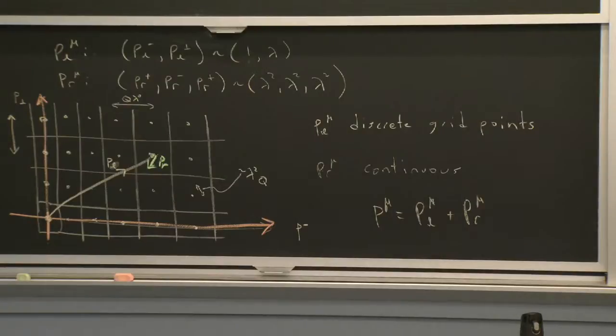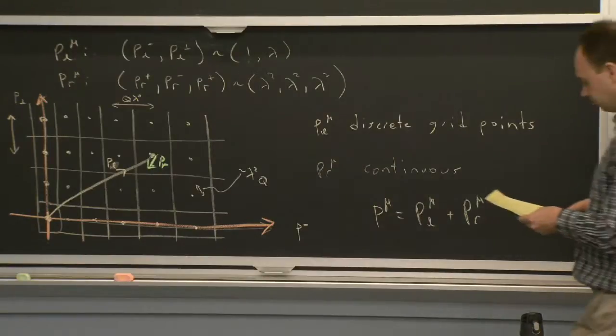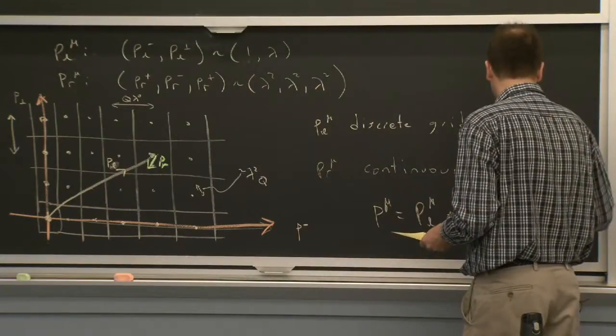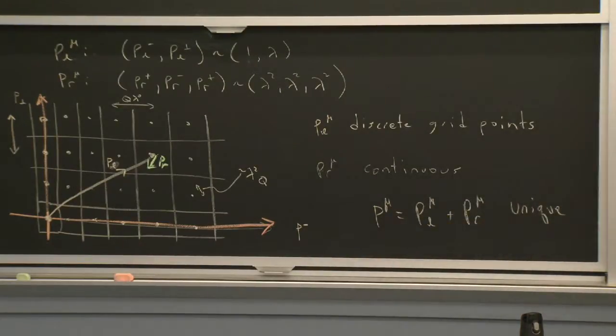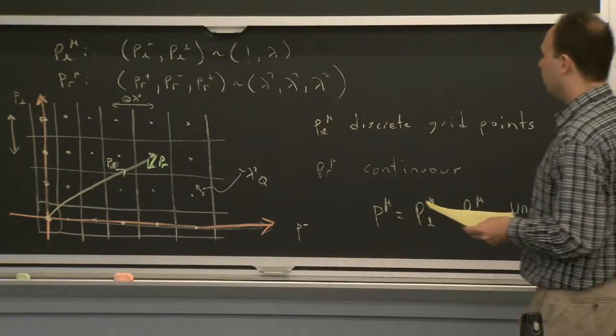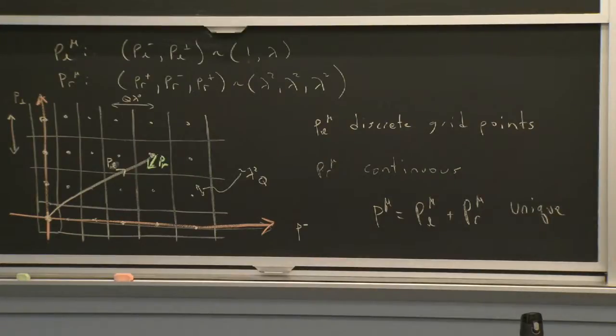If I point at any place in this grid, you can tell me exactly which PL I should pick and then what PR I should pick. This is in some ways just going to be a tool, and in the end of the day, we can dispense with this picture, but it'll be a useful way of thinking about what's going on and getting to the final results that allow us to dispense with this picture.